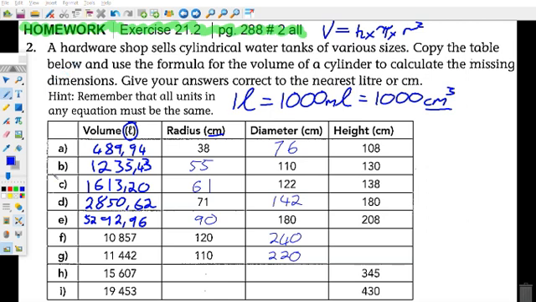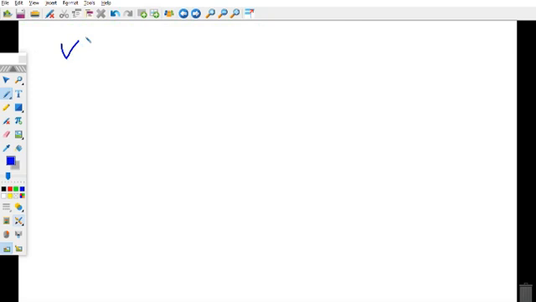For number F and number G, you have to work a bit backwards. So let's do that now. On another page here, the volume is equal to what? They gave us the capacity.